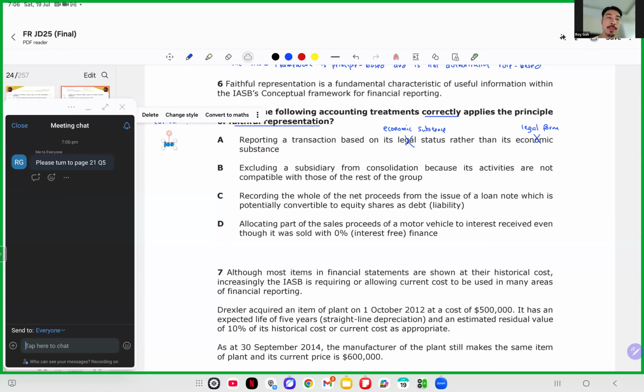Next one, for B, it says to exclude a subsidiary from consolidation when the activities are not compatible. No. As long as you have a subsidiary, even if it's in a different industry, incompatible activities meaning a different industry, you have to consolidate because a subsidiary exists.